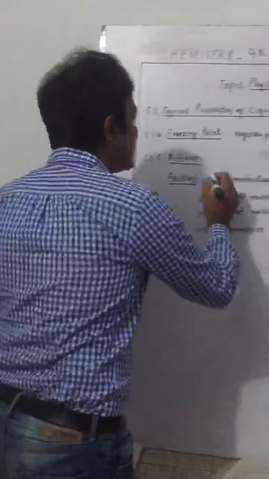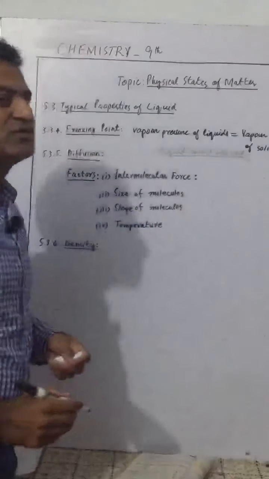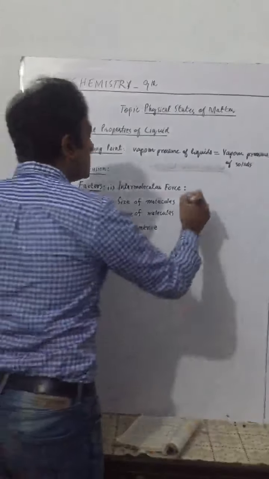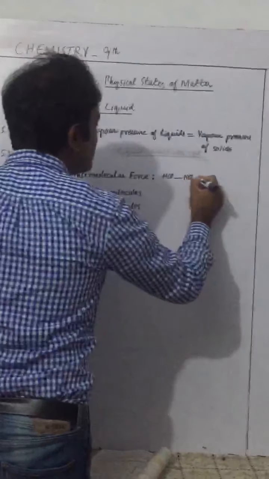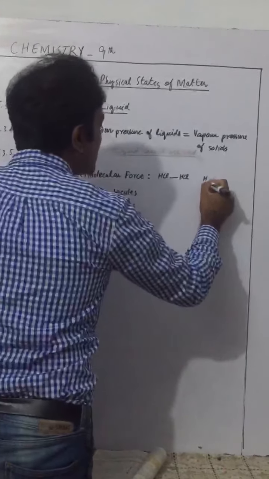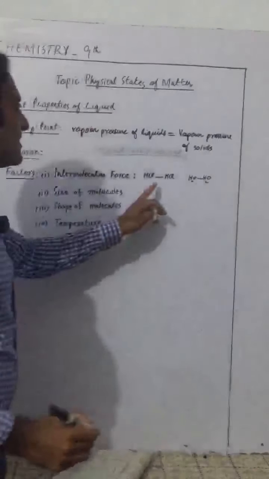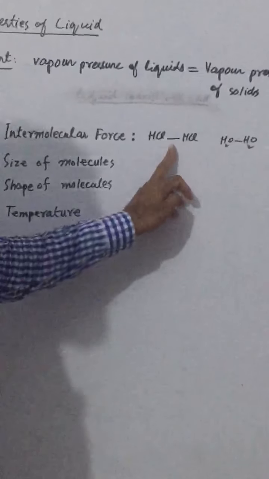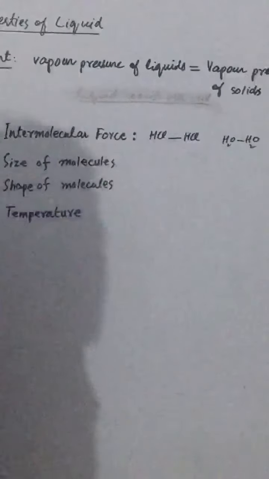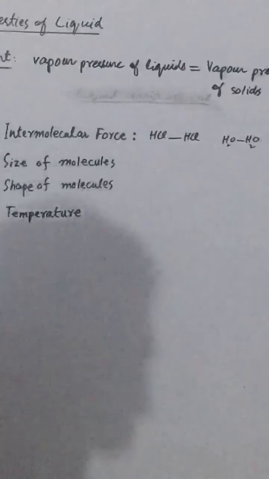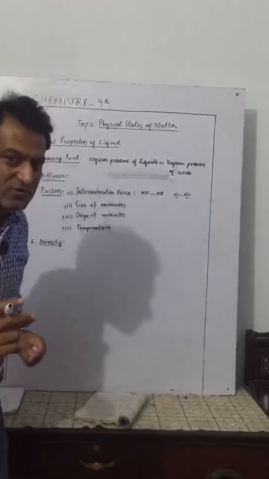The number one is intermolecular forces. Let me remind you students that intermolecular forces are actually the forces present between molecules. The molecules that have strong intermolecular forces will diffuse slower than the liquids that have weak intermolecular forces.